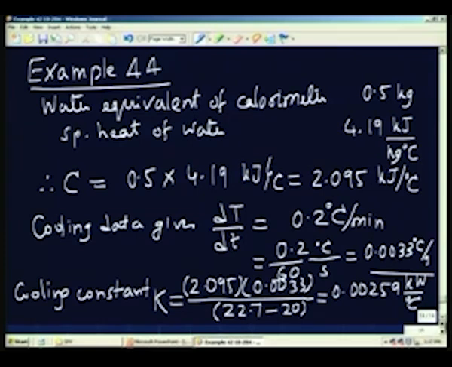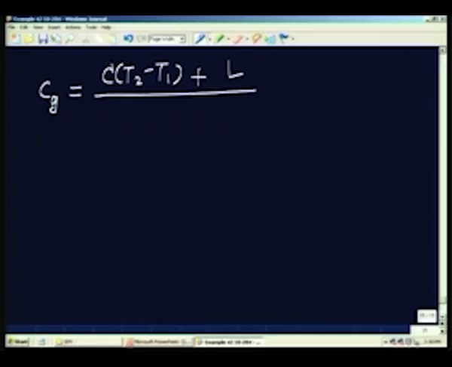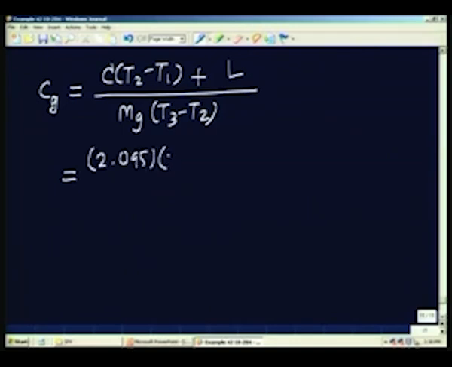Now, all I have to do is to use the expression given earlier. C of glass beads must be equal to C into T2 minus T1, this is the expression which we had written down earlier, plus loss, divided by the mass of the glass beads multiplied by 33 minus T2. So, capital C is 2.095, T2 is 22.7 minus 20, plus the loss, which is nothing but K into that integral.